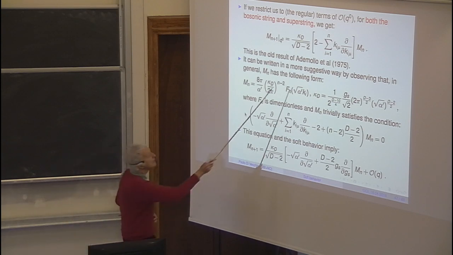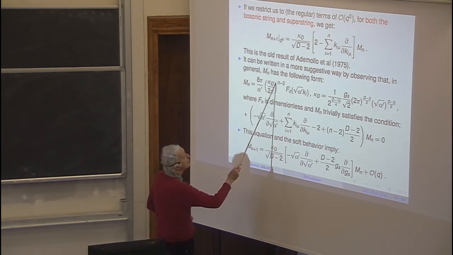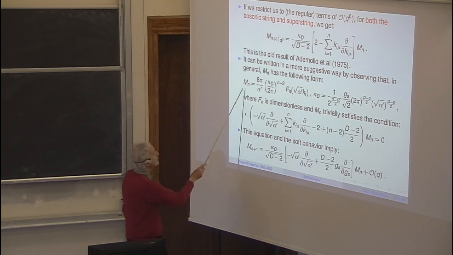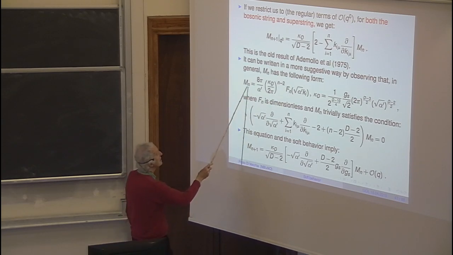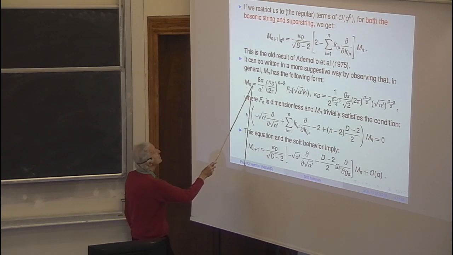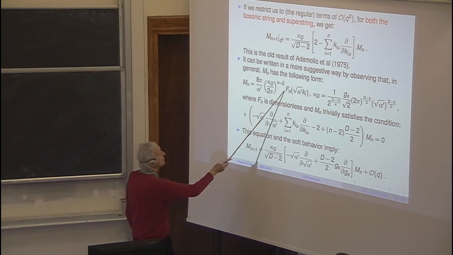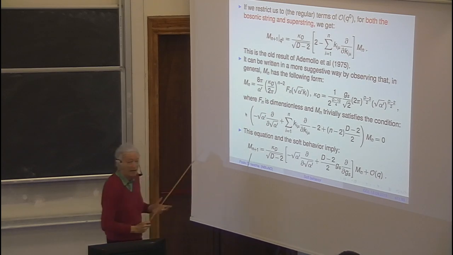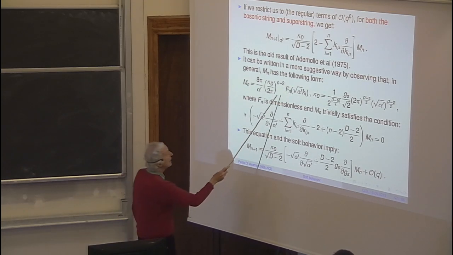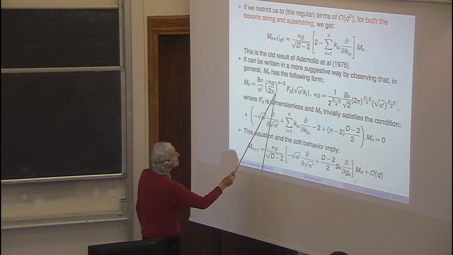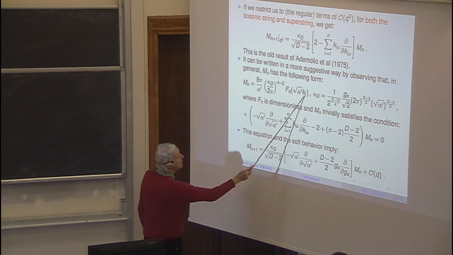This expression can be written in a more suggestive way, remembering that the amplitude for n particles in string theory has this correctly normalized factor, and then a function which is dimensionless.